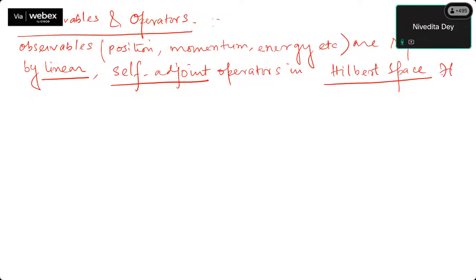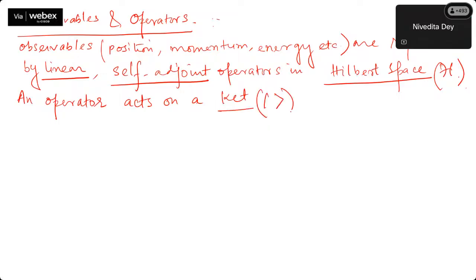And this is often written by this symbol. And an operator acts on a ket, okay, the ket, this thing, and produces another vector in Hilbert space.